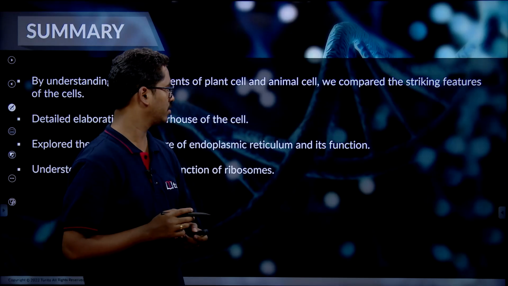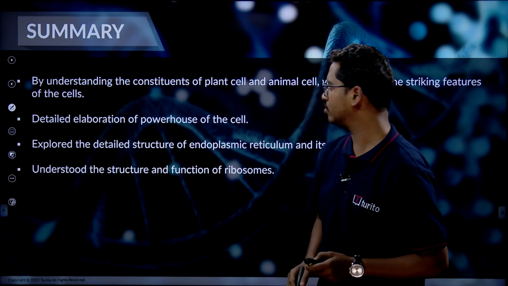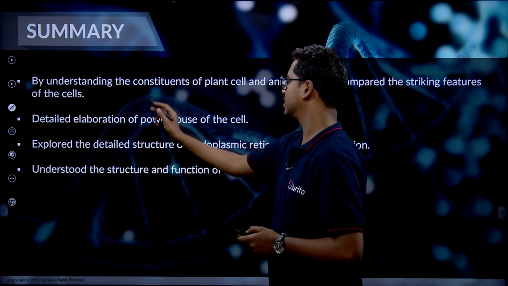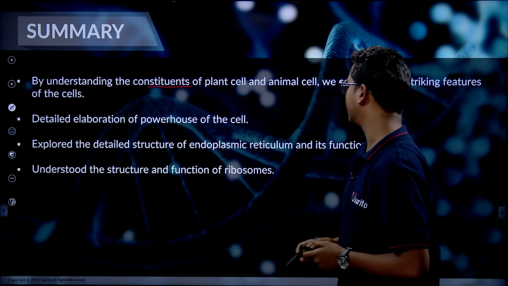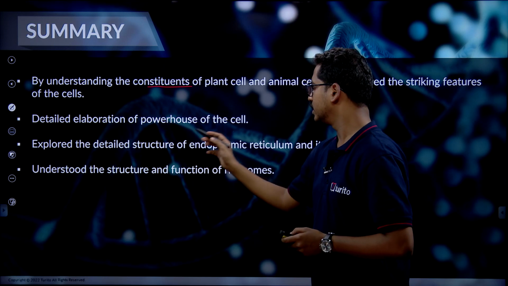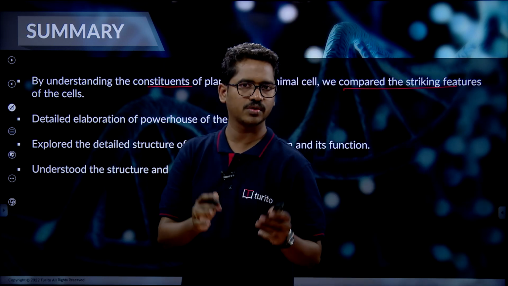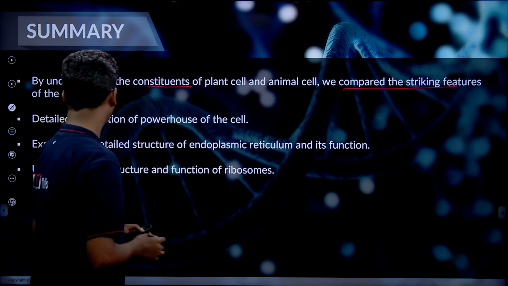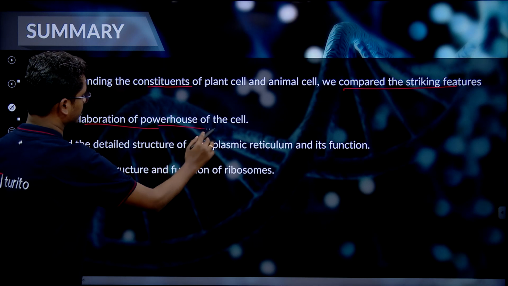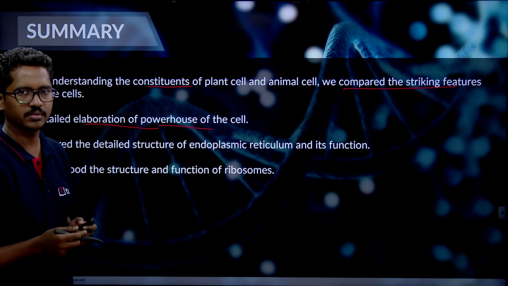Now, what we will be doing is looking at the content we have discussed so far. In this session, we tried to understand the constituents of the plant cell and an animal cell. Using that, we tried to differentiate those striking features of the plant cell and animal cell, and then we had an elaboration on the powerhouse of the cell, which is nothing but mitochondria.